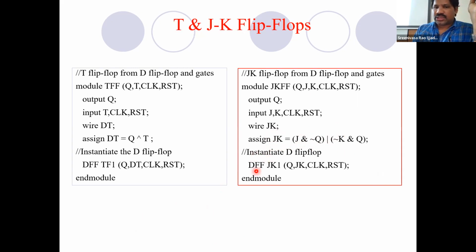Now give it to the DFF instance: Q, JK, clock, reset, in the same order. So JK generates the signal, wire clock and reset are in the same positions. Understand?